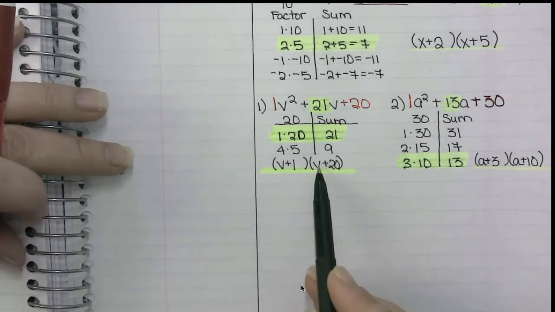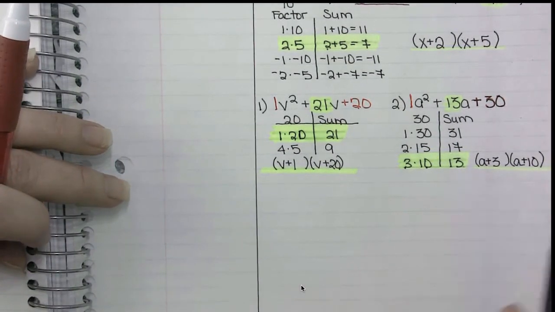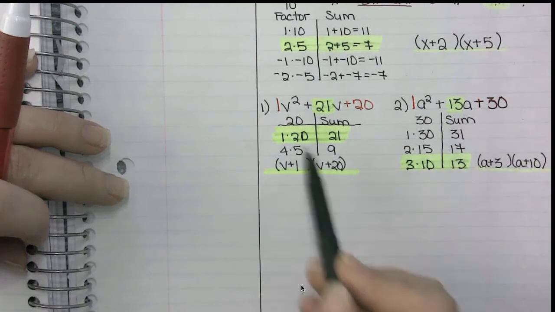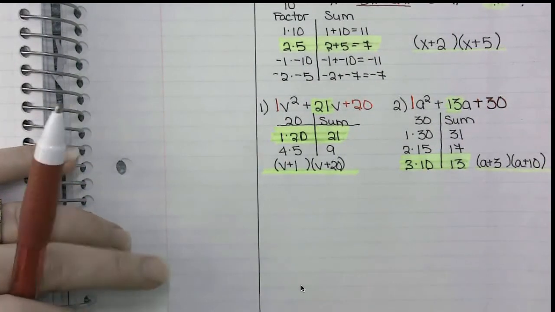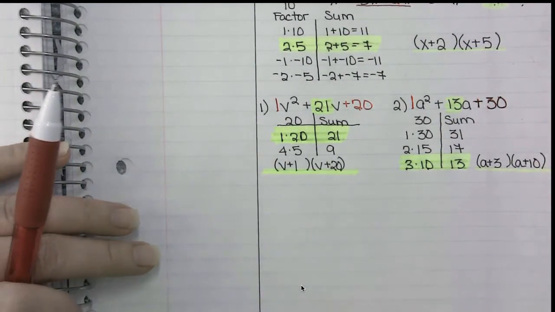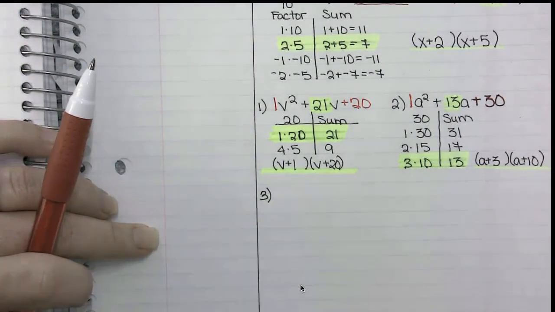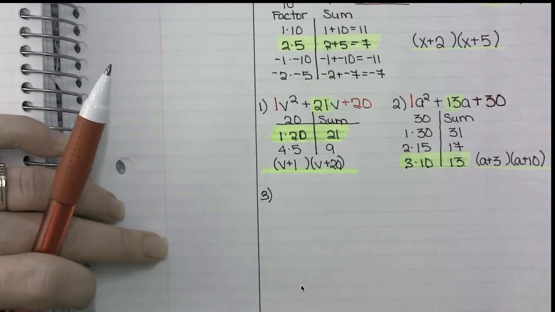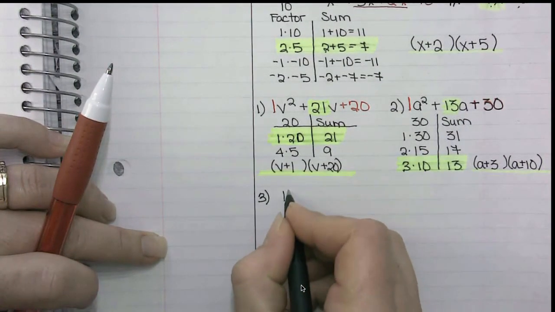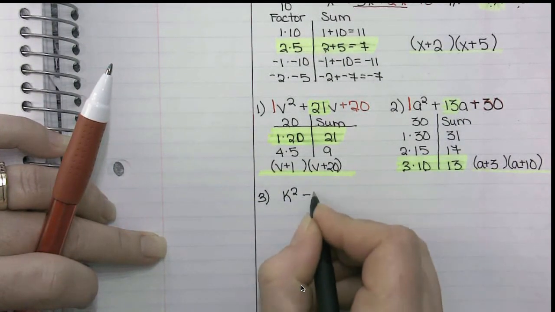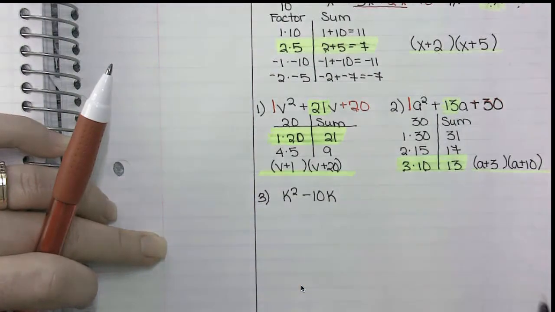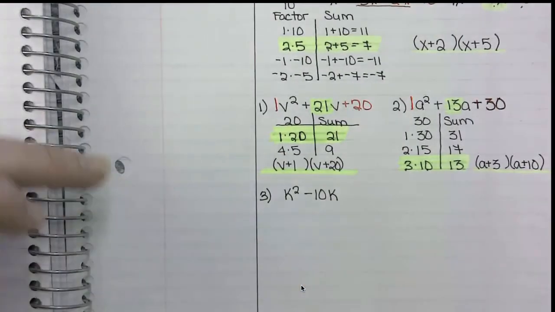And if I notice something about these terms in these examples, all of them were positive. Let's look at something with a negative. Let's look at k squared minus 10k plus 25.